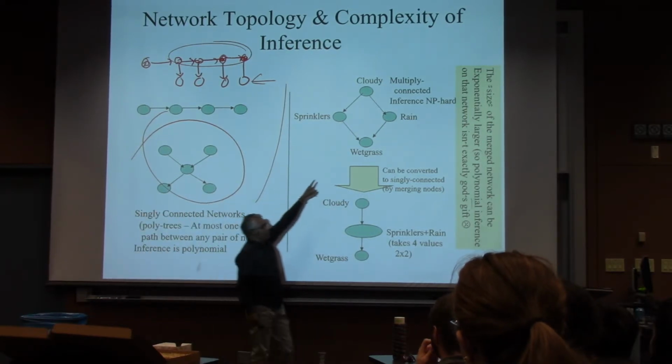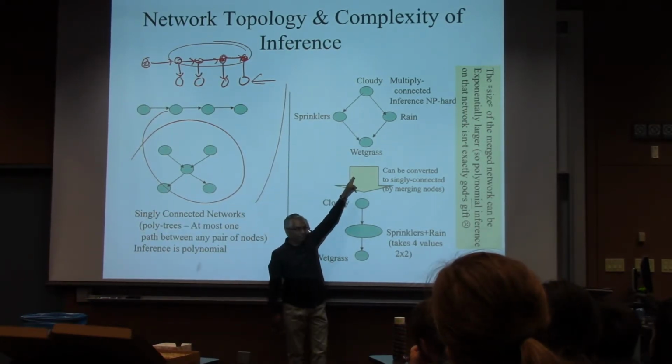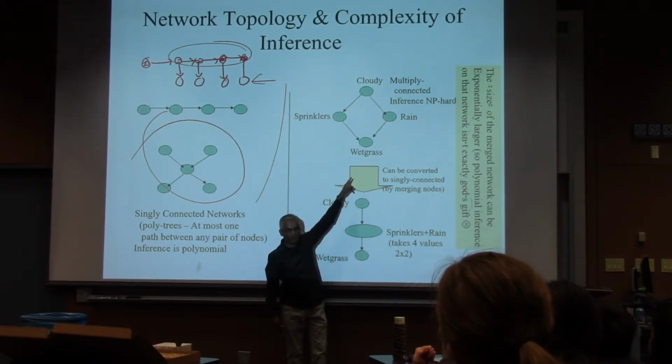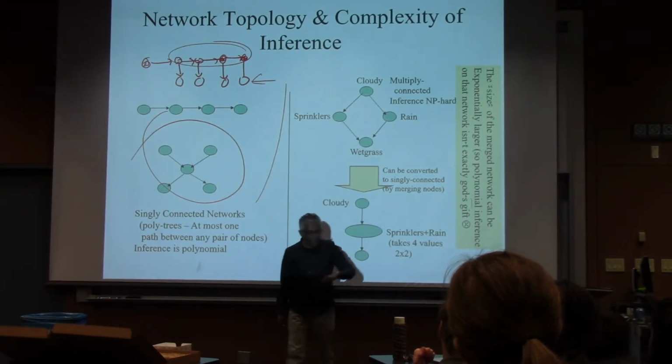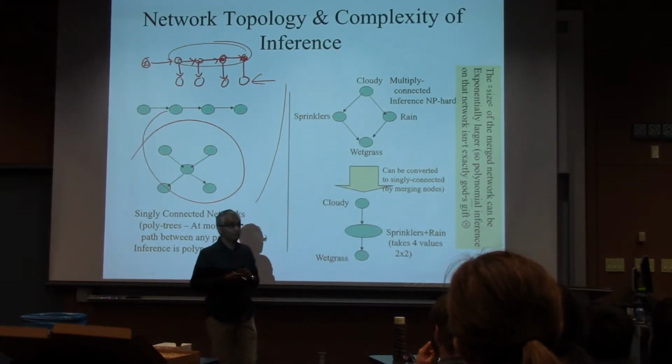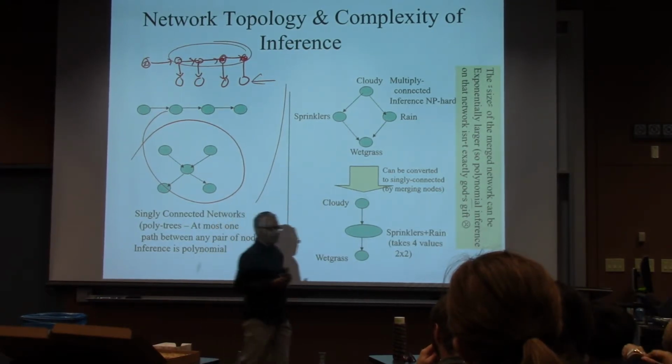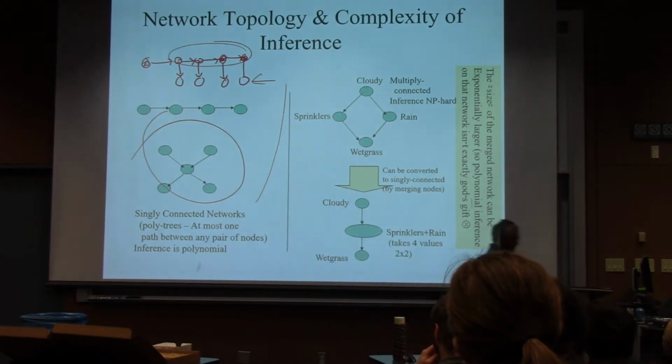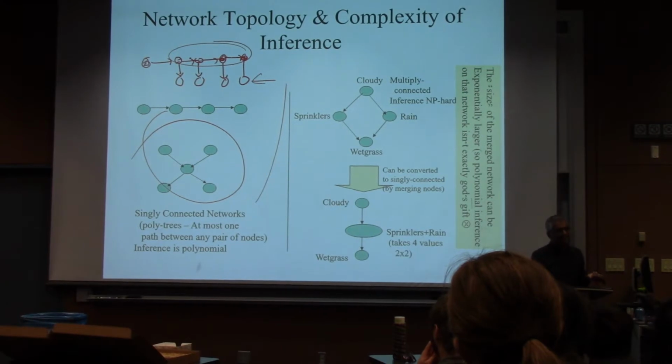Multiply connected network, you have seen at least one bad guy. This one you've been seeing all along, right? This is how monsters look. Okay, between cloudy and wet grass, there are two paths. That's a multiply connected network. It turns out, of course, if it's not singly connected, the other case is multiply connected. That's where the worst case actually happens.